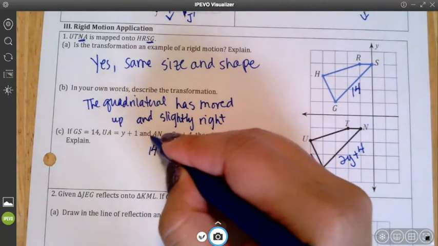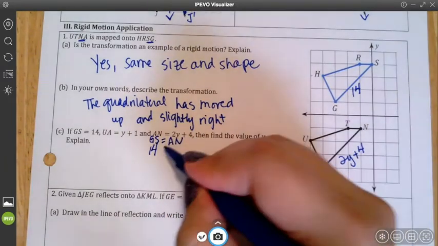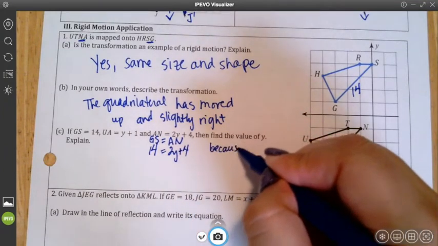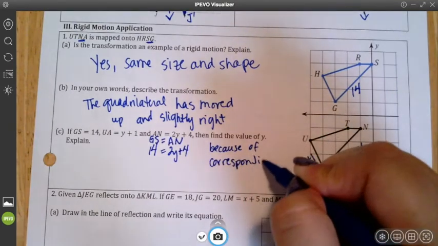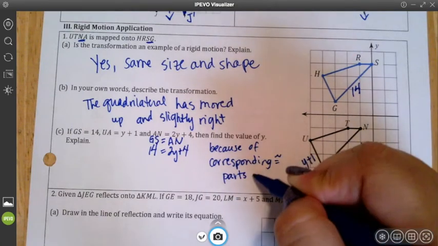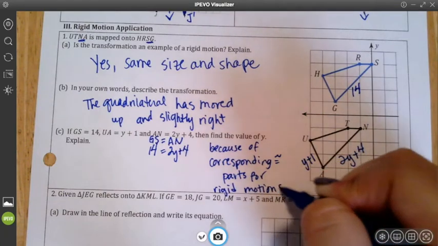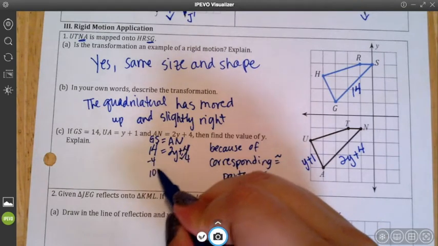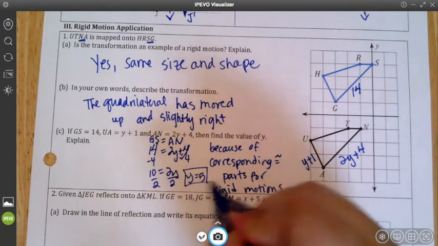GS, which is 14, equals AN or NA, which is 2y plus 4, because of corresponding congruent parts for rigid motions. So to solve for y, minus 4, 10 equals 2y, divide by 2, y equals 5.